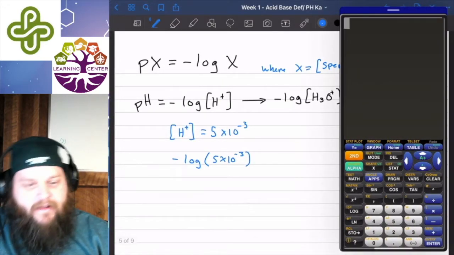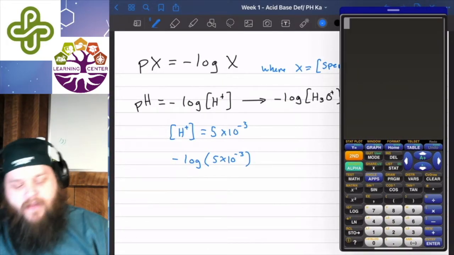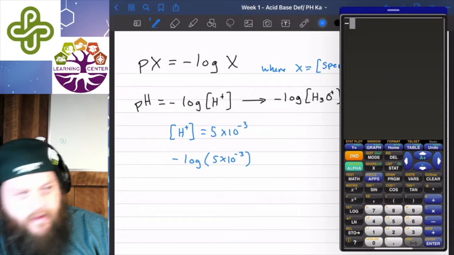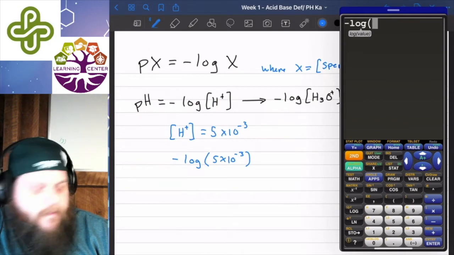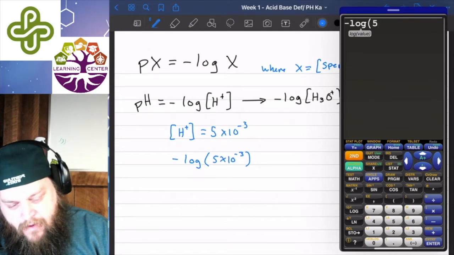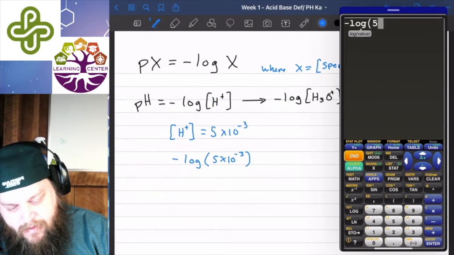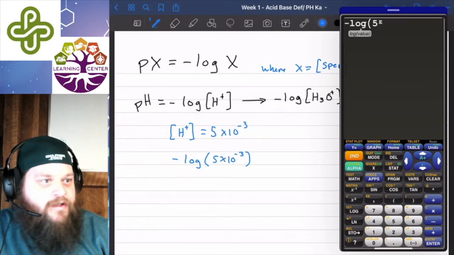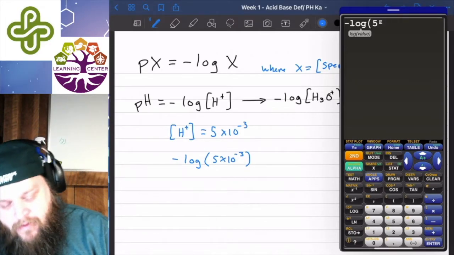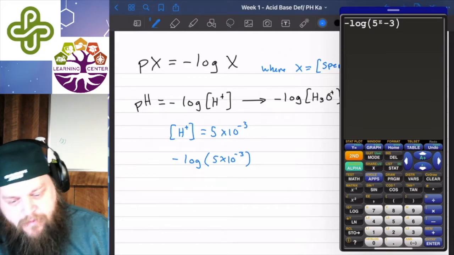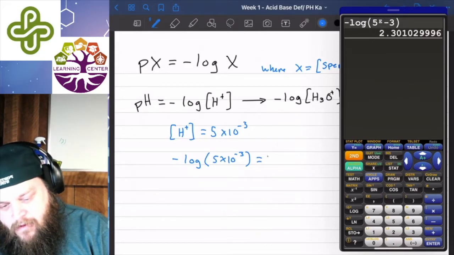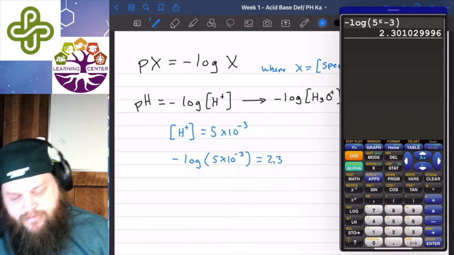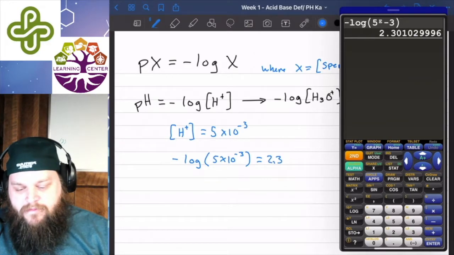This is kind of like a TI 83, 84 style. I'm going to put in the negative symbol, this log here on the left-hand side, and put 5. I can even use this little EE. So I put second EE, or you can just type in times 10 to the power of, and then do negative 3. I'm going to have a pH there of 2.3.